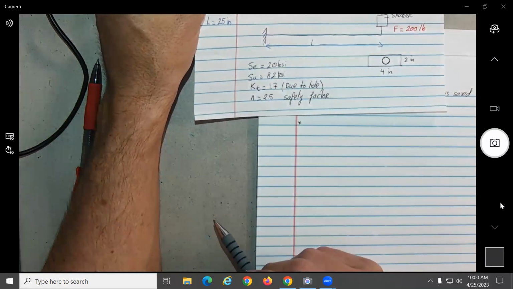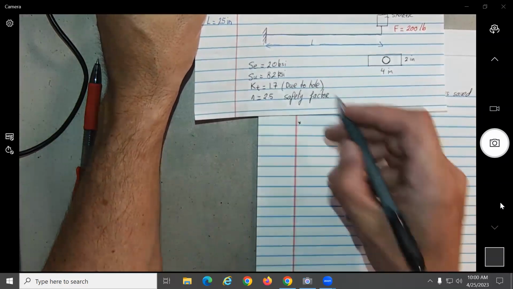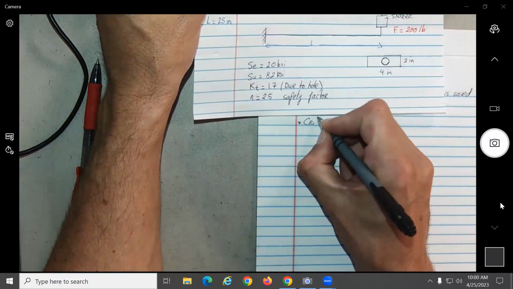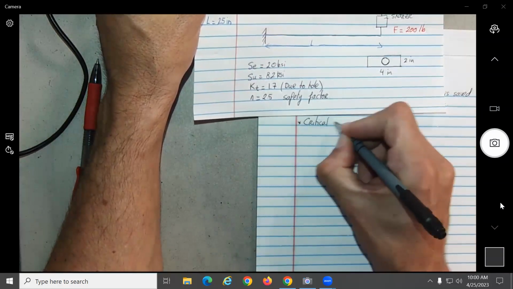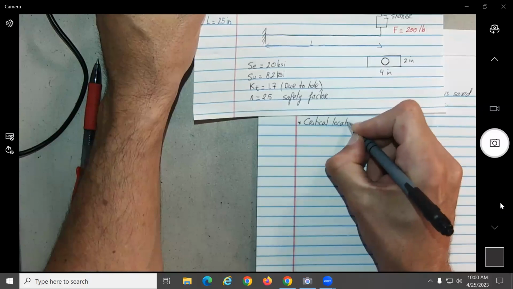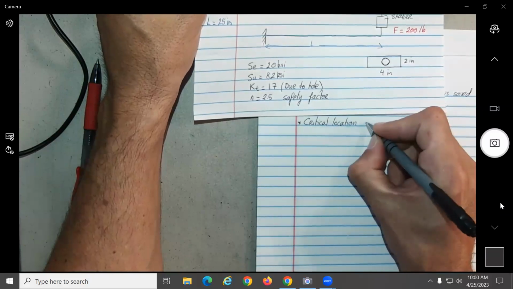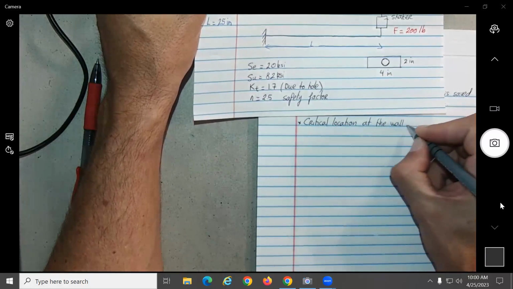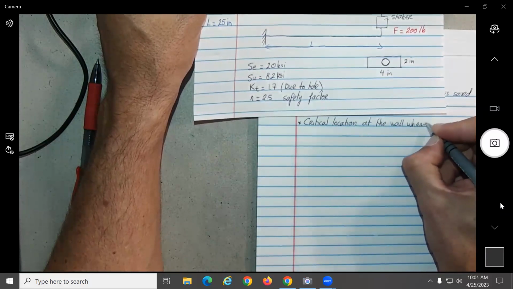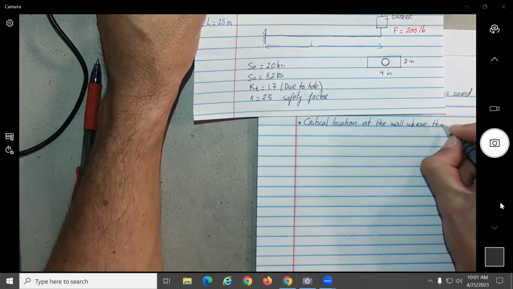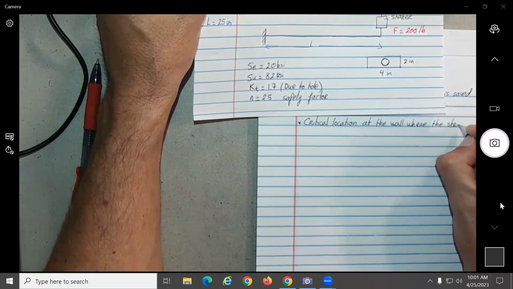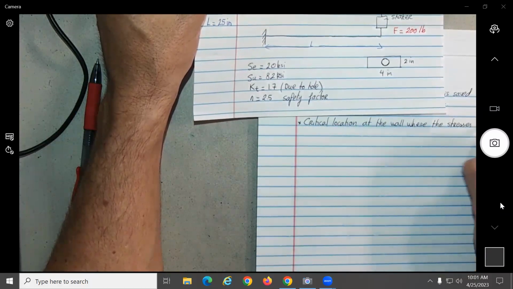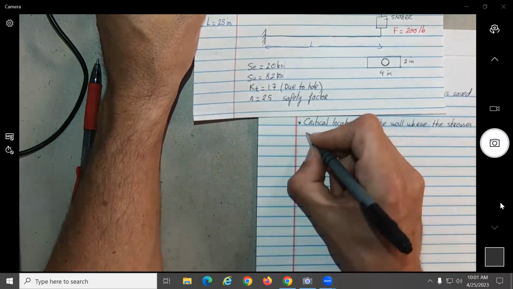That's where the stresses should be maximum. So let's say critical location: at the wall, where the stresses are the highest.